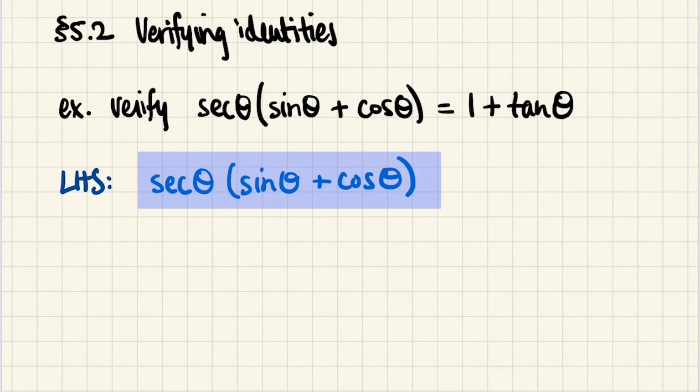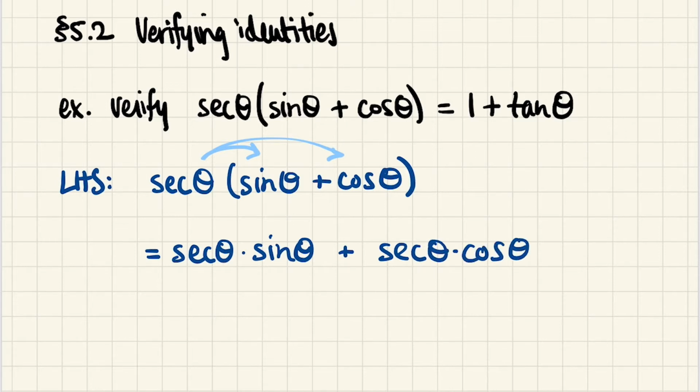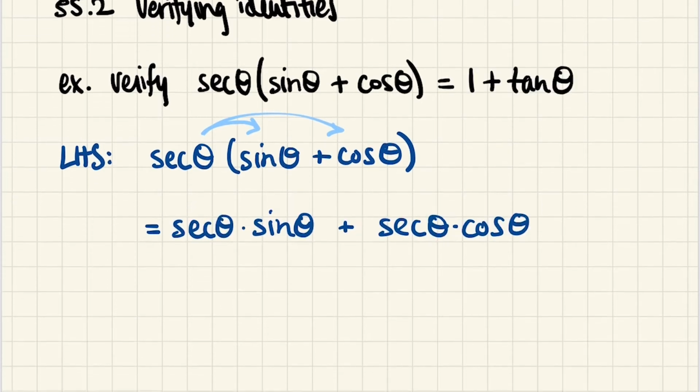So what could we do with this thing? Well, we could distribute the secant and see what happens. So we get secant of theta times sine of theta plus secant of theta times cosine of theta. This is not quite obviously the right-hand side yet, so let's keep playing with it.